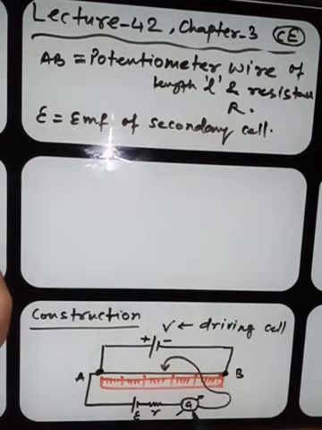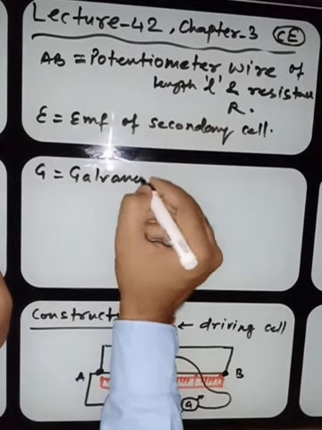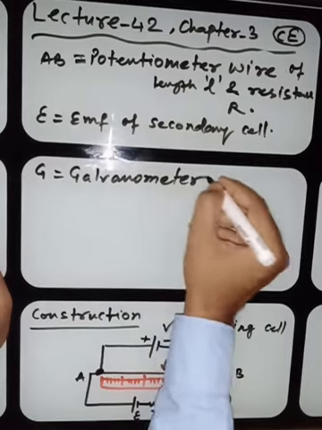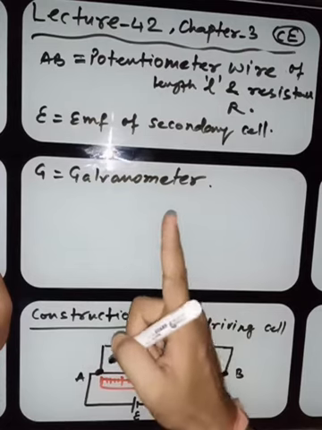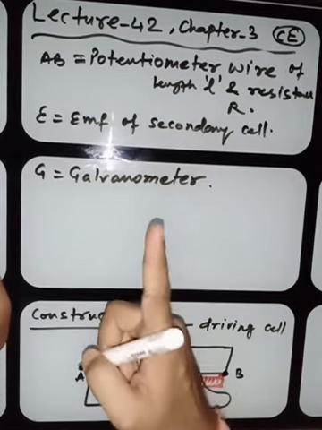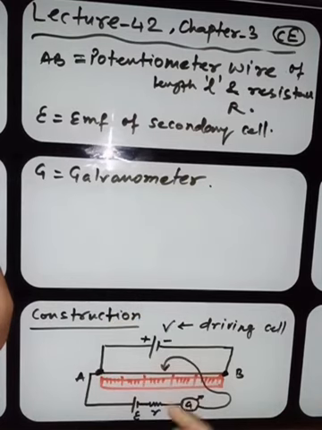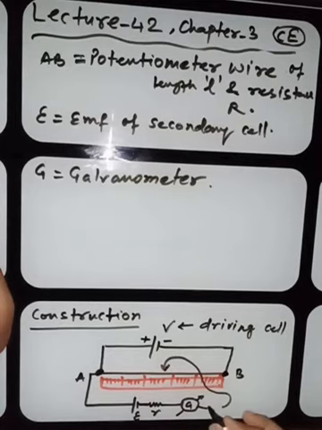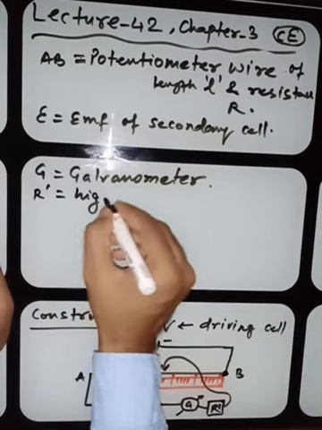Now G is the galvanometer. We have discussed the use of galvanometer, how this works. The zero of the galvanometer we use to find at the center. Next you can use a resistance with this one also, my dear students. Let me write here. You can use a resistance over here also, R dash. This R dash is the high resistance.